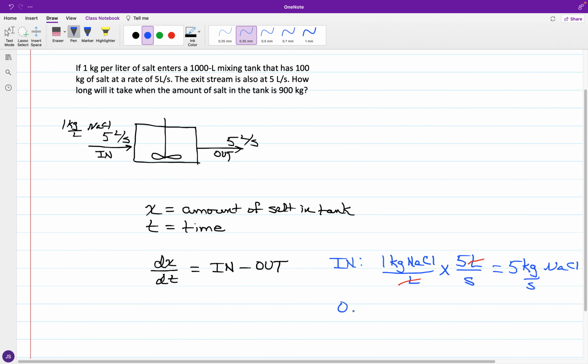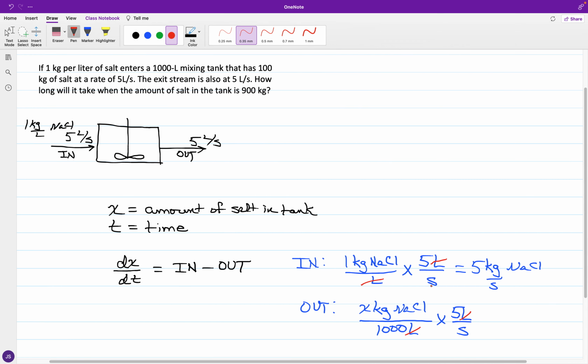Now for what we have going out, we're going to have x kilograms of salt. Again, x is continuously changing, and the volume of the tank is 1,000 liters. We have the exit flow stream at 5 liters per second, and the liters cancel out.